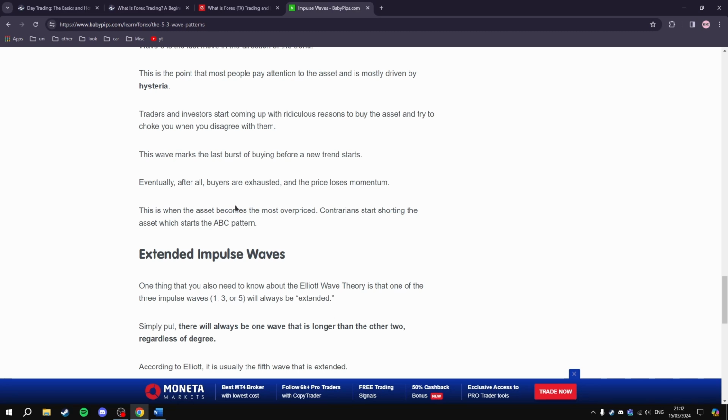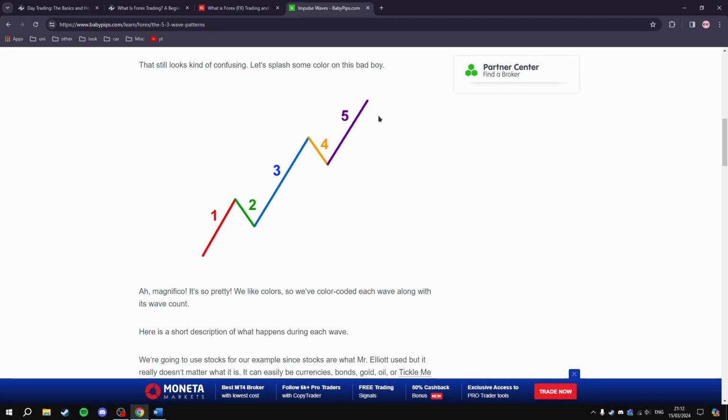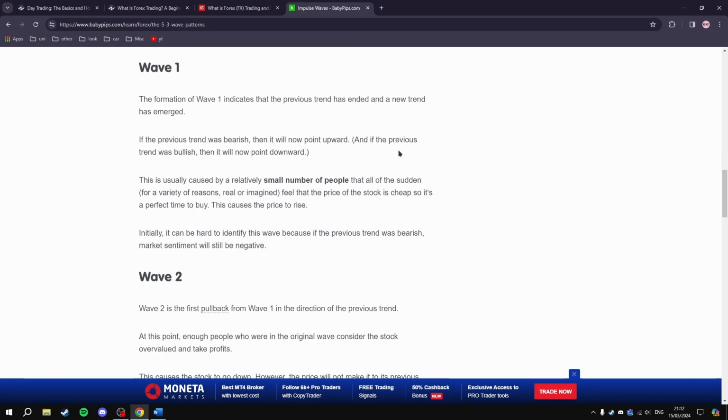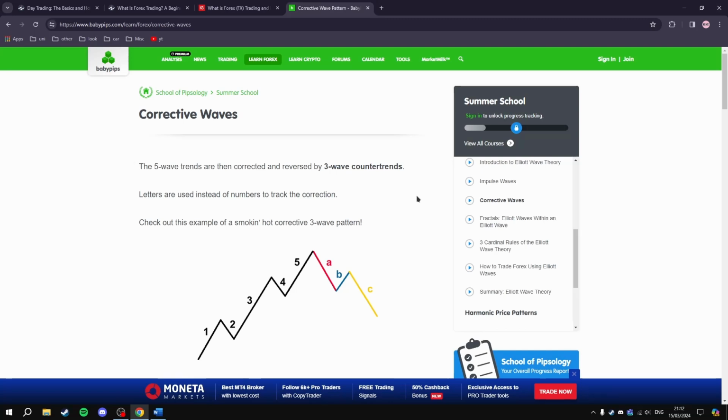And then we also learnt that out of the waves that are rising or falling, so 1, 3, 5, there's always going to be one wave that's going to be longer than the other two. And now we are currently on corrective waves, so let's get started.